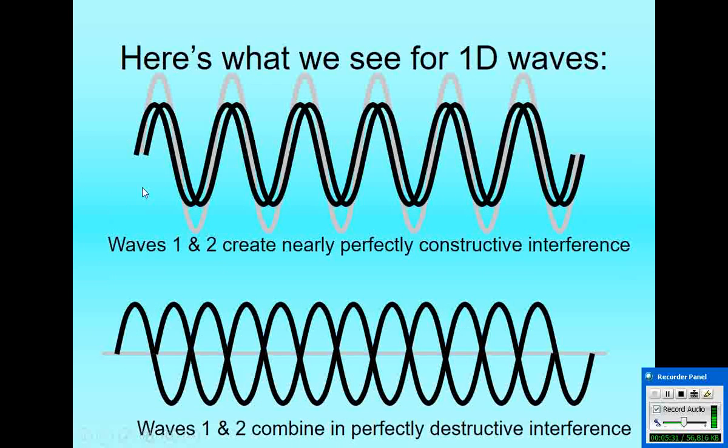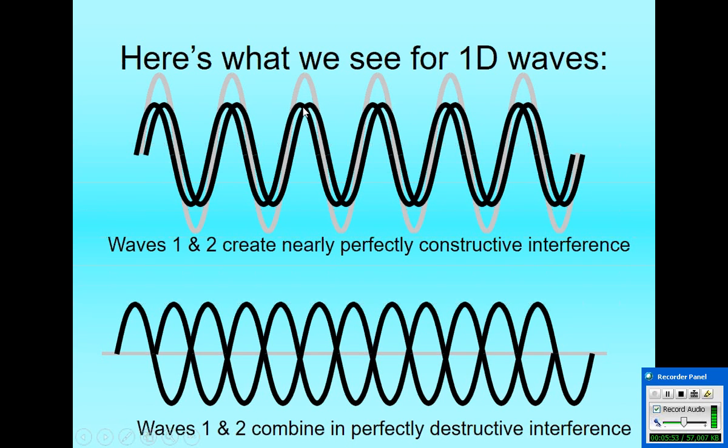In constructive interference, the waves from the two different sources, which are presumably identical in terms of wavelength and frequency, overlap each other exactly. Now, I didn't show that in the upper graphic because if I showed the two waves overlapping each other exactly, you would see a single sinusoidal line.